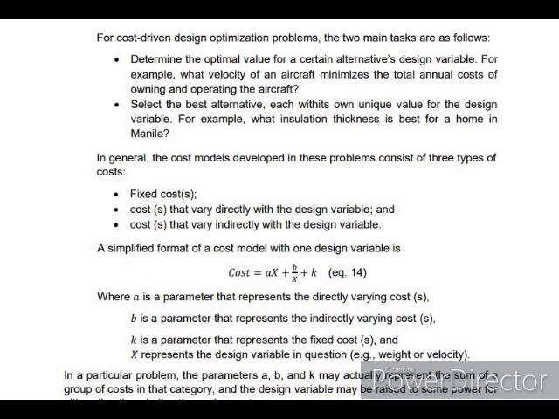Okay, so letter k is our fixed cost there in the formula. Then x represents the design variable in question. So x will be our design variable. Example of that is weight or velocity.